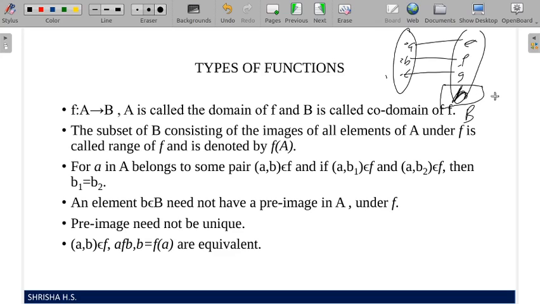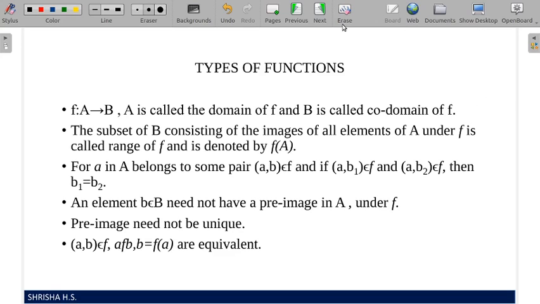Next one, a pre-image need not be unique, that's what we discussed here. You can have a, b, c, so here the pre-image is not unique. For c, the pre-image is a, and also b. That's fine. Image should always be unique, but pre-image may or may not be unique, both are fine.